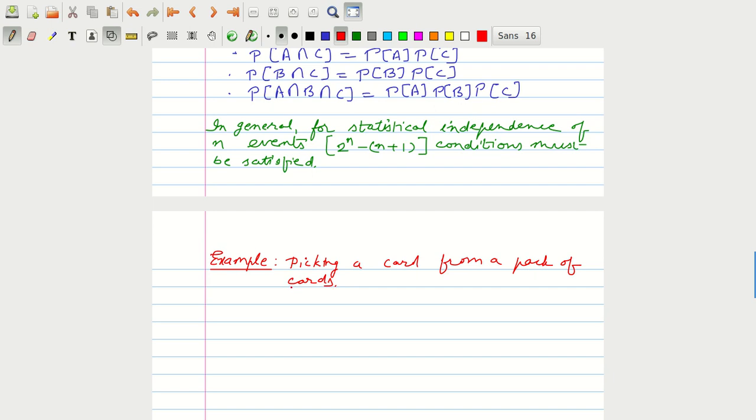There are 52 cards in a fair pack of cards. Let us define two events. A is the event that the card picked is a jack, and say B is the event that the card picked is a club.